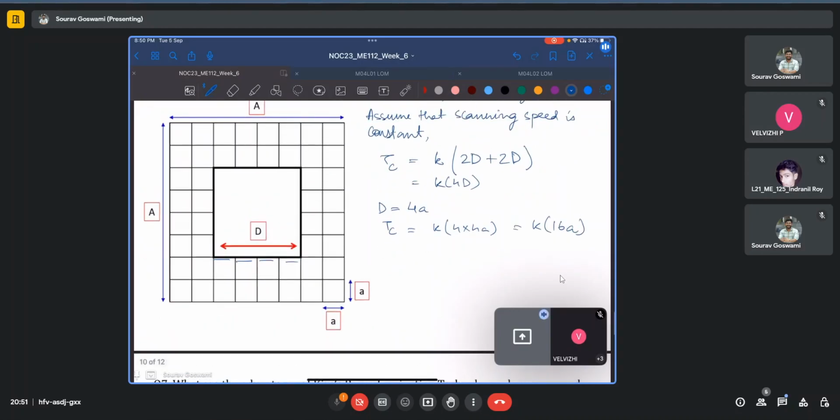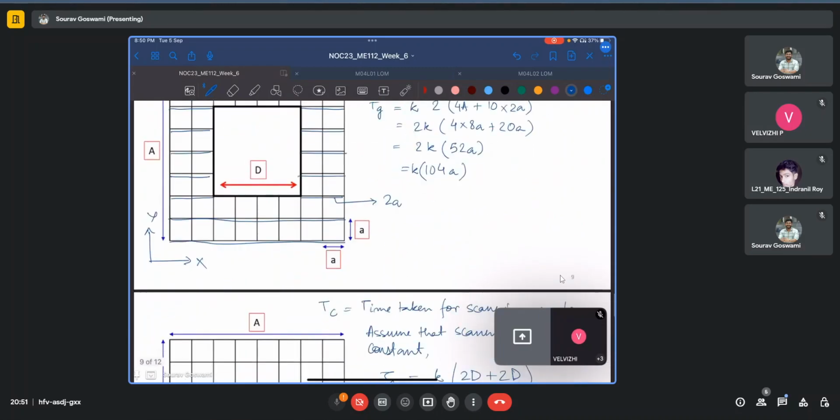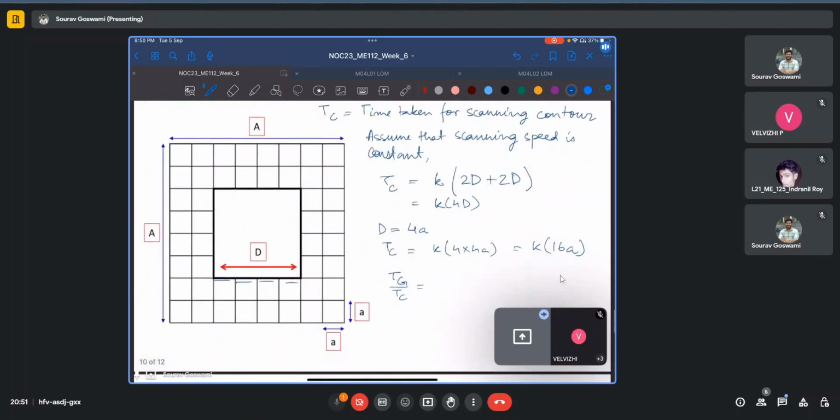I can actually find the ratio of these two quantities. So T grid by T contour equal to K times 104A by K times 16A. So both K and A get eliminated.